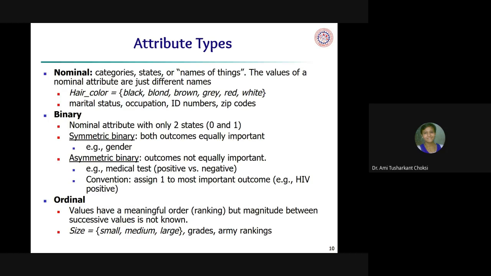Marital status, occupation, ID numbers, zip codes. They have the categories, states, or names of things. And that is what the nominal type of data is.